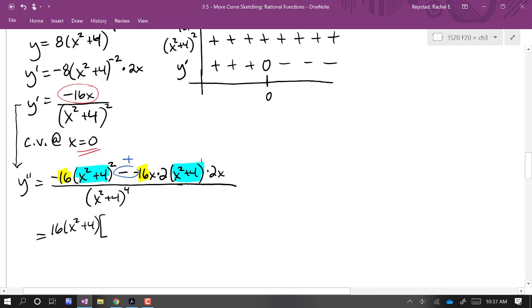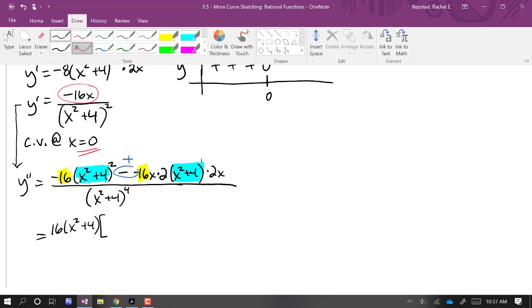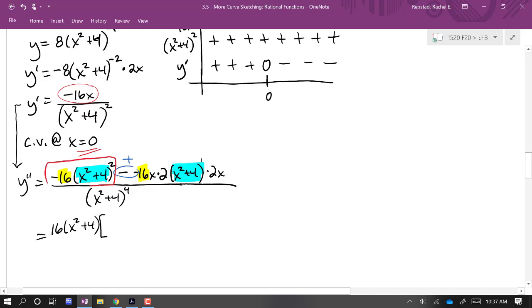If I take these out, then for the first part of the numerator, the stuff in this box, I'm going to have to grab the negative and an x squared plus 4, because this is squared here and I just took out the first power. Bring down this plus. And I took out the 16 and the x squared plus 4, so to get the rest of this, we just need an x times 2 and a 2 times x, so that's a 4x squared.